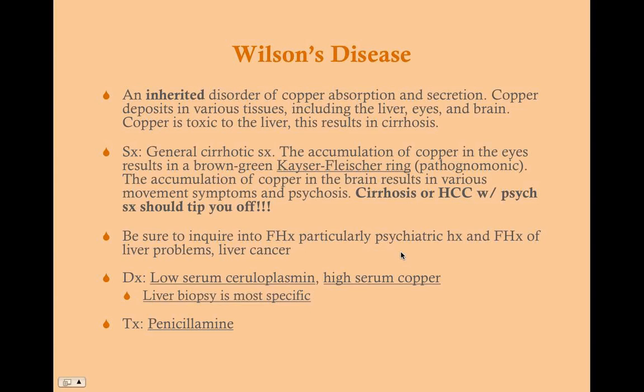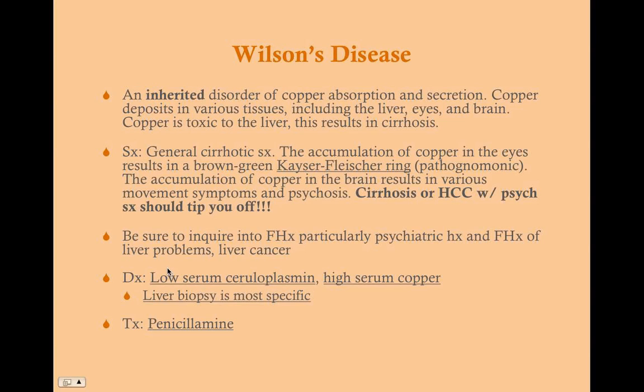The practical means of diagnosing this is to get a ceruloplasmin level, which is a transporter of copper. If you have a lot of copper, your free ceruloplasmin is going to be low, so a low ceruloplasmin and a high serum copper. That's not technically diagnostic of Wilson's disease. The definitive diagnosis will be a liver biopsy, which is most specific.